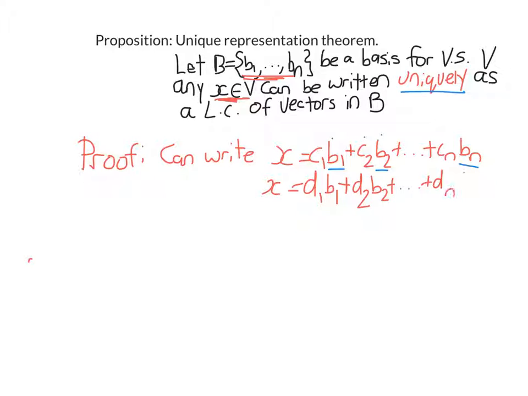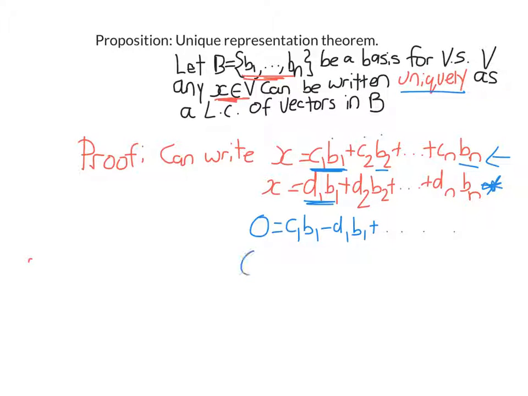So what I'm going to do now is subtract this bottom equation from this top one. I'm just going to subtract each part by itself. X minus X, if you subtract a vector from itself, you always get the 0 vector. So if I subtract this from this, I get C1 B1 minus D1 B1, and so on.